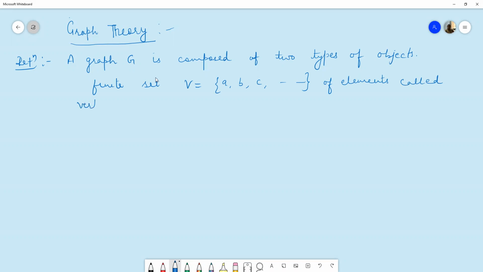And the other is a set E of pairs of distinct vertices, meaning distinct elements of the set V. We call these pairs of distinct vertices edges.